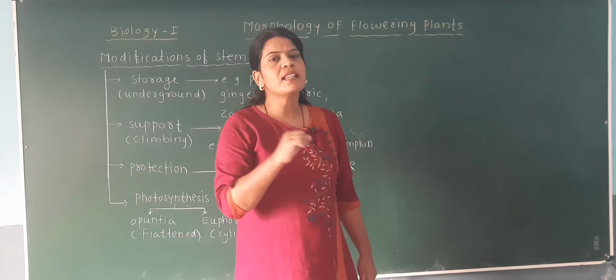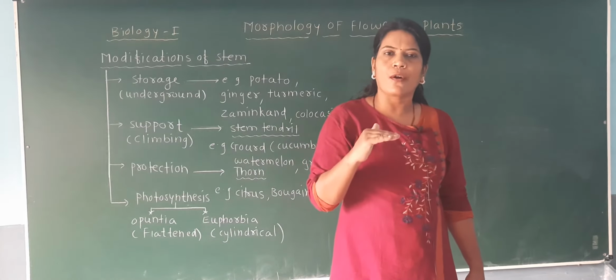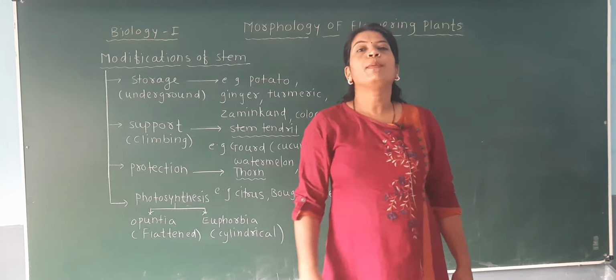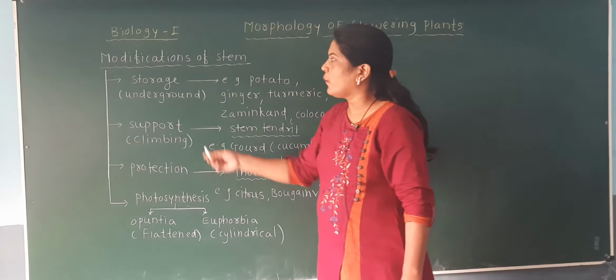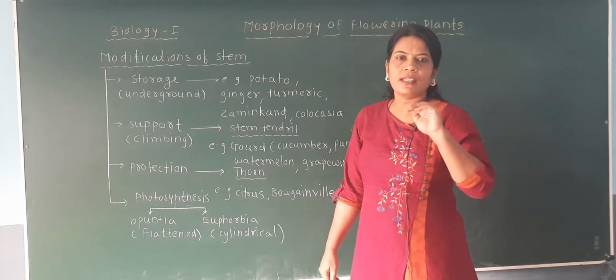But there are some plants where the stem is not present above the ground, but it is present below the ground. And here the first example is of the underground stem, which is present below the ground.